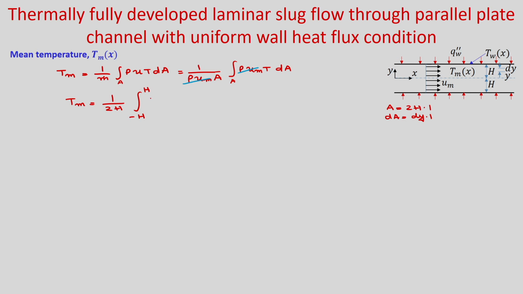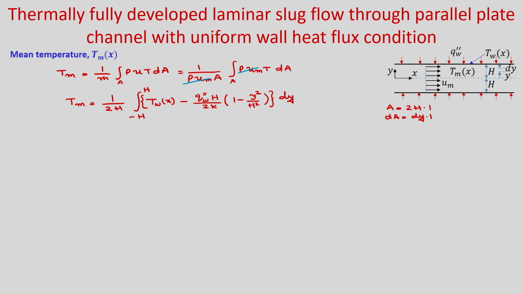What is your temperature distribution? That we have written as T w minus q double prime w h by twice k into 1 minus y square by h square, into dA, where dA is dy.